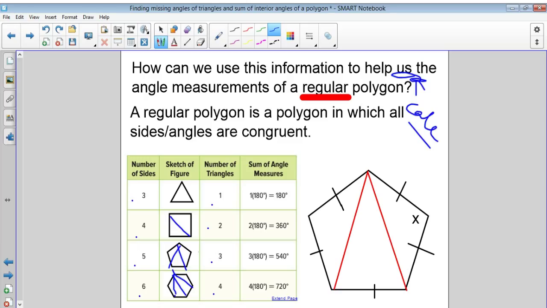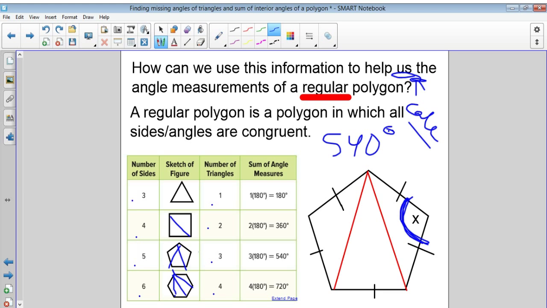So how can we use this to help us figure out what the angle measurement of one of the angles is? This has probably jumped out at a lot of you, but in case anyone is missing it, this is my pentagon, right? If I have 540 degrees total in the pentagon, how can I determine the measures of each angle in a regular pentagon?